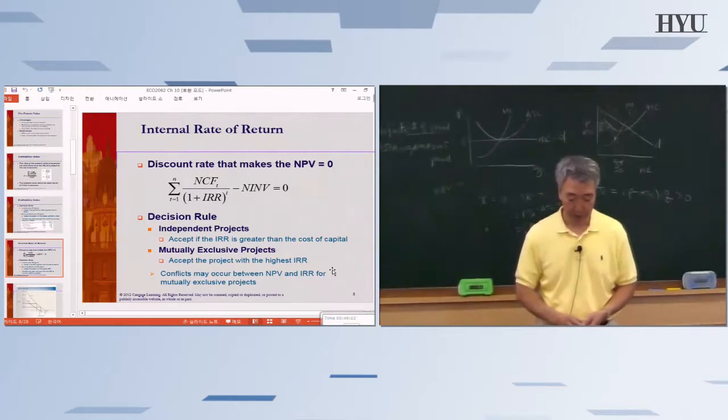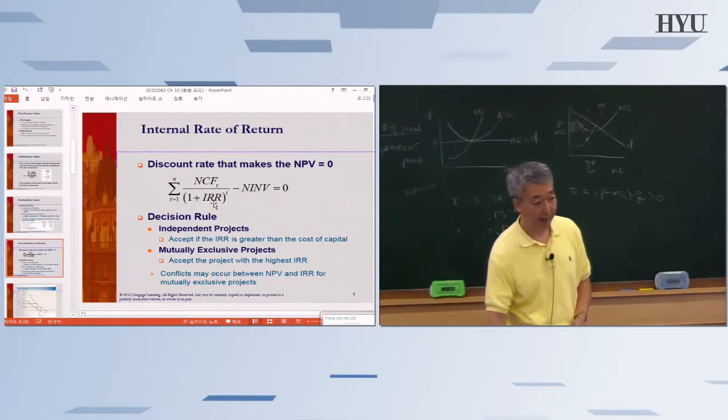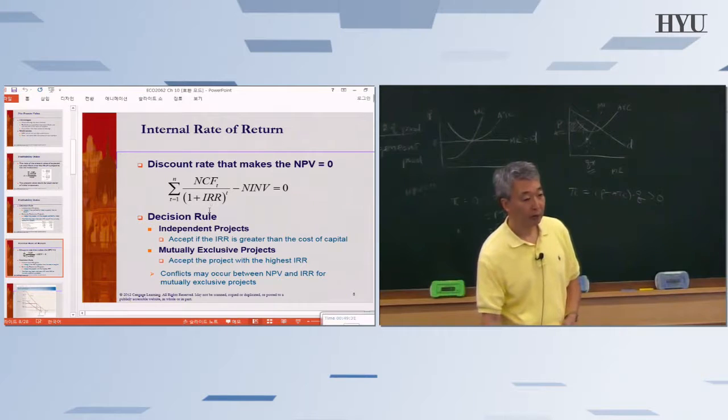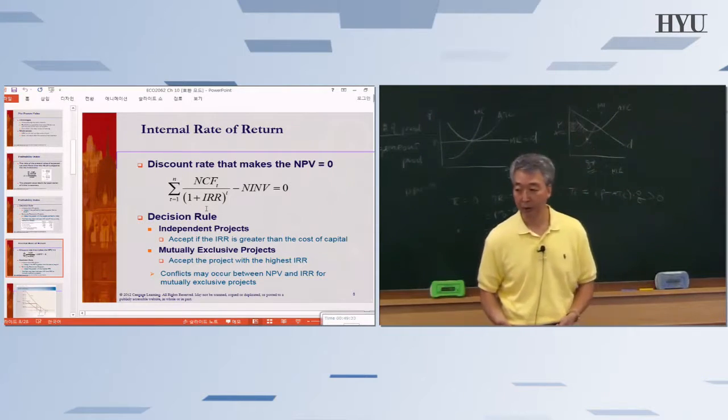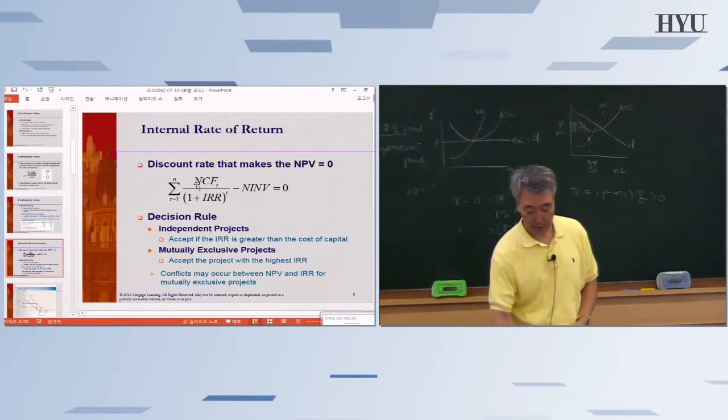IRR, internal rate of return, is the discount rate that makes the net present value equal to 0. As you see in the formula here, we are pretty familiar with this term: net cash flow discounted by 1 plus what used to be K, like 14% or whatever. If you know the discount rate, we could discount all the future cash flows and convert them into present value.